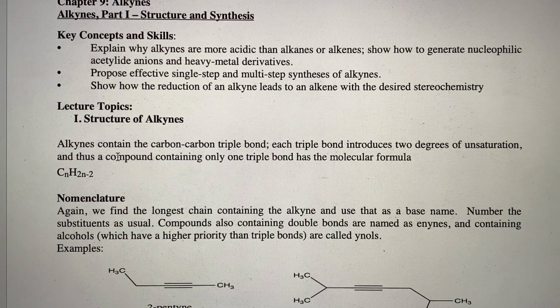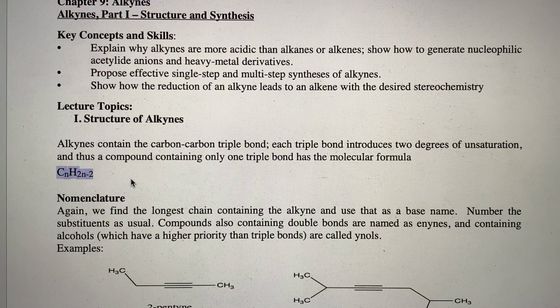So that means we are short 4 hydrogens. So instead of CnH2n+2 for saturated alkanes, we have minus 2. So that's the formula, CnH2n-2.